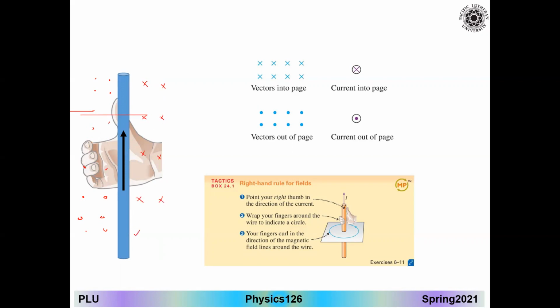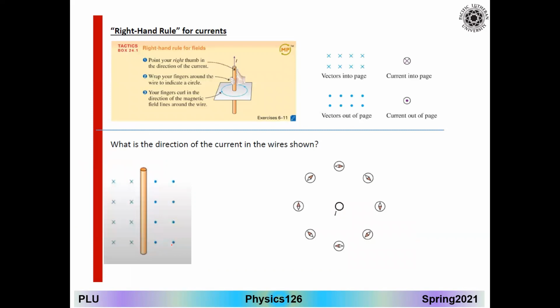That's the direction of the magnetic field given by the current and the right-hand rule. So let's use this notation to identify the current or magnetic field directions using that rule.